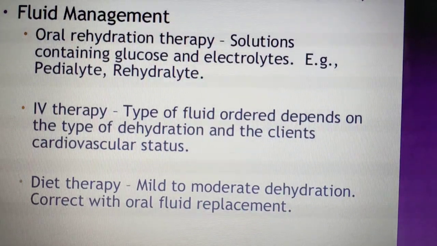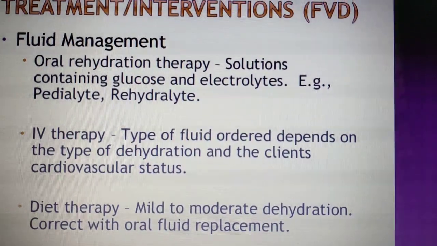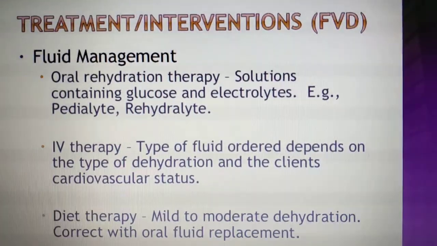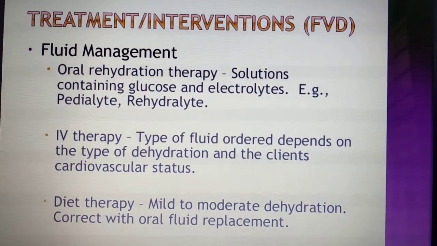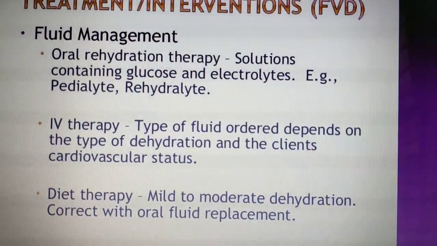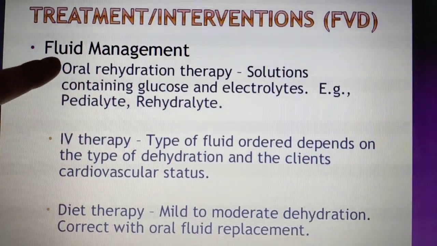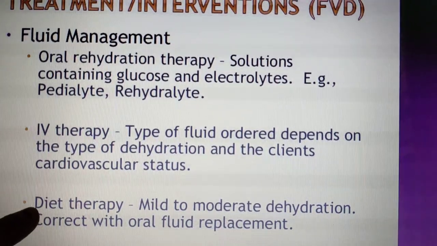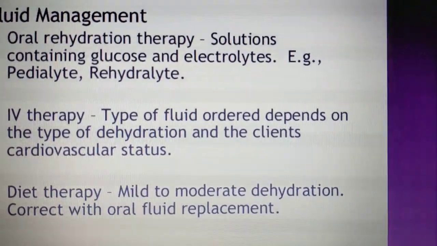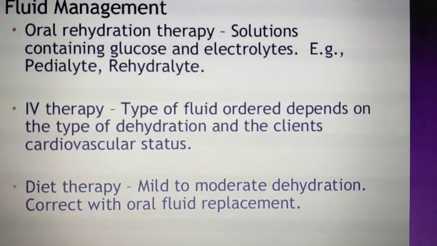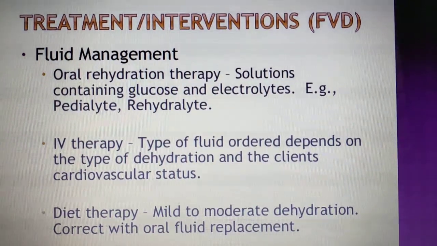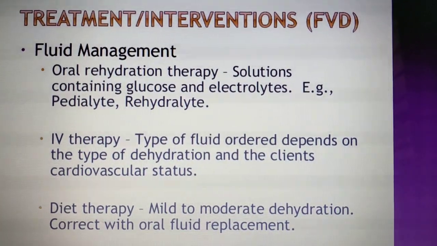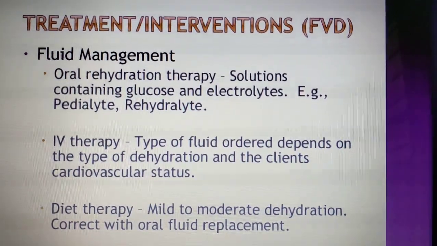The type of fluid ordered depends upon the type of dehydration and the client's cardiovascular status, and on the degree of hypovolemia. One is oral rehydration therapy, next is IV therapy, and diet therapy. What is diet therapy? Mild to moderate dehydration is corrected with oral fluid replacement. Encourage the patient to drink sufficient water. Okay, these are the treatment or interventions.